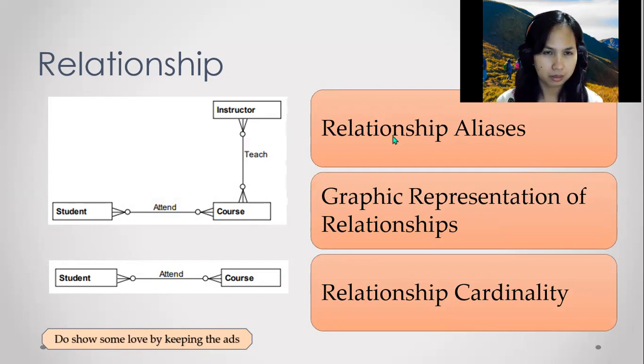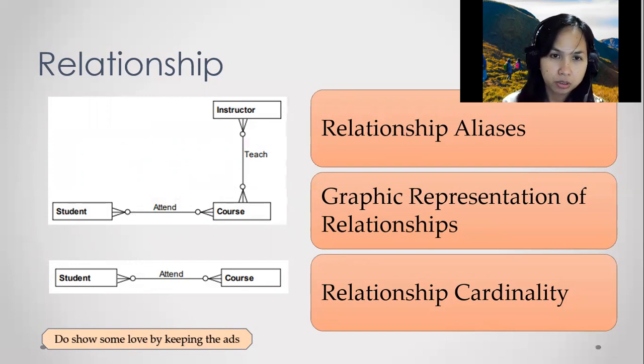Now, looking at the graphical representation of relationships, relationships are shown as lines on the modeling diagram. In this example, the relationship between a student and course captures the rule that a student may attend courses.